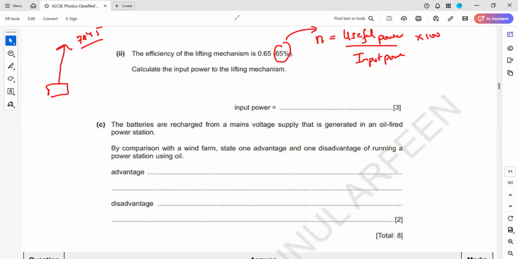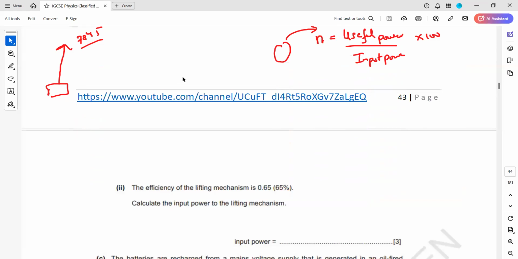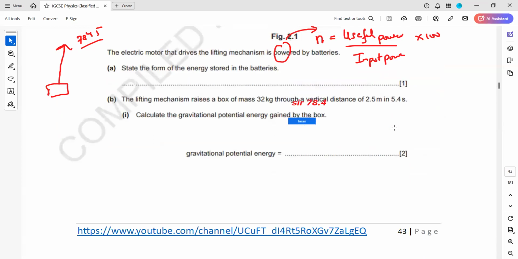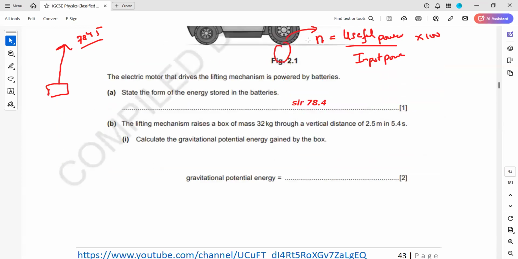So first we can work out the useful power. The useful energy is 784. How to get the power? Because it's taking 5.4 seconds. The answer is not 78.4. The answer was 784, because 32 times 2.5 times 9.8 cannot give 78.